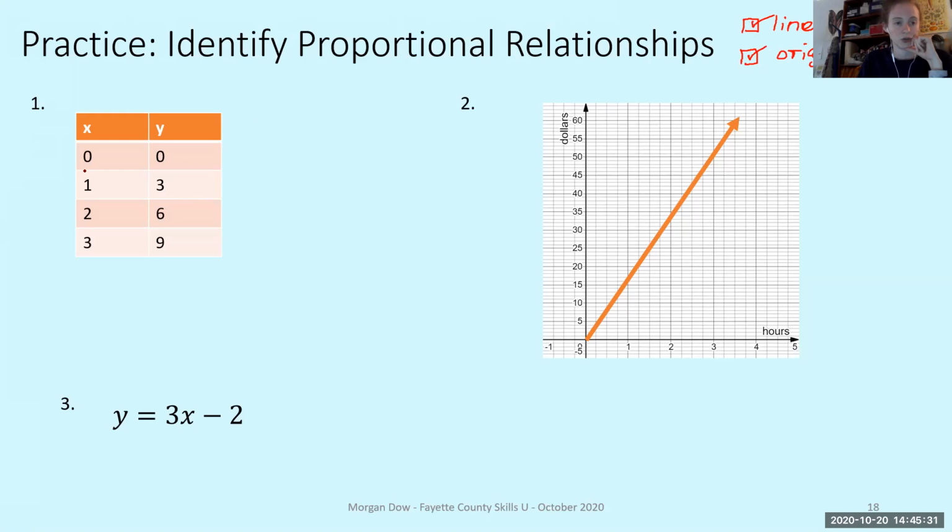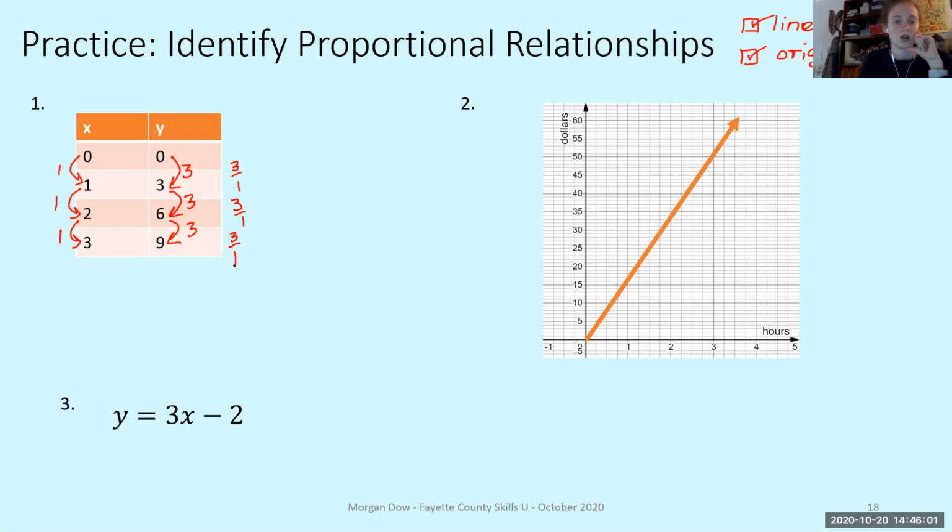So let's see if that's true for number one. Let's first make sure it's a linear relationship. Going from 0 to 1 is an increase of 1. 0 to 3 is an increase of 3. So I've got this ratio of 3 to 1. 1 to 2 is a change of 1. 3 to 6 is a change of 3. So I get the same ratio, 3 to 1. 2 to 3, change of 1. 6 to 9, change of 3.